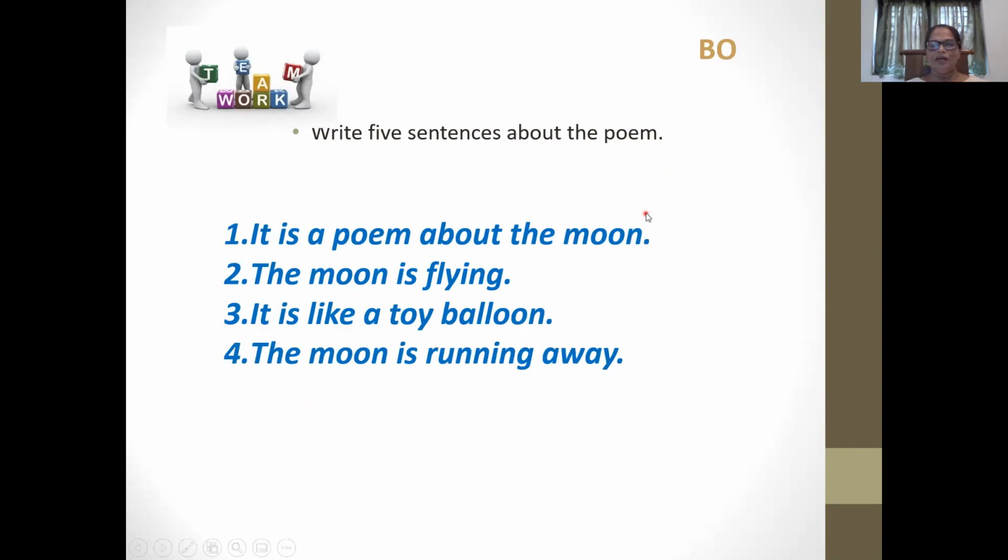The stars are chasing. All these ideas I see, I hear in the poem. So I have written 5 sentences about the poem. Can you write 5 sentences? Please try.